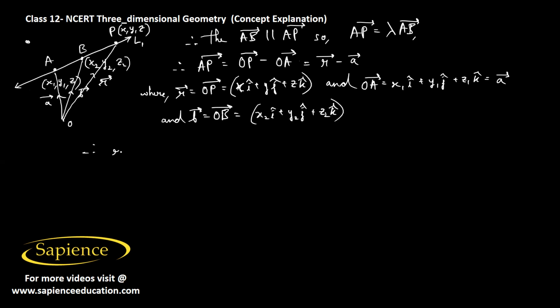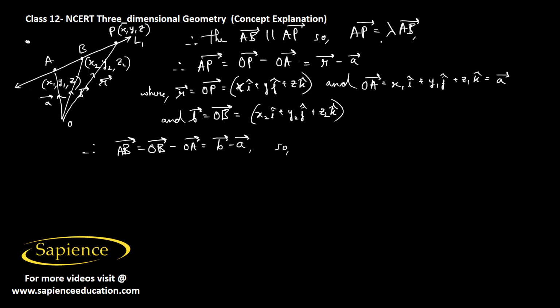So now we need to find AB vector. AB vector will be equal to OB vector minus OA vector, so that will be obviously B vector minus A vector.